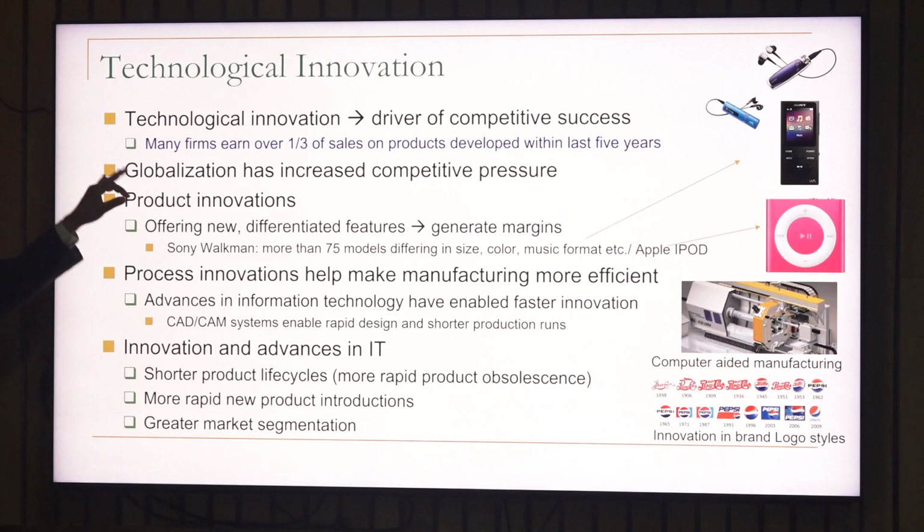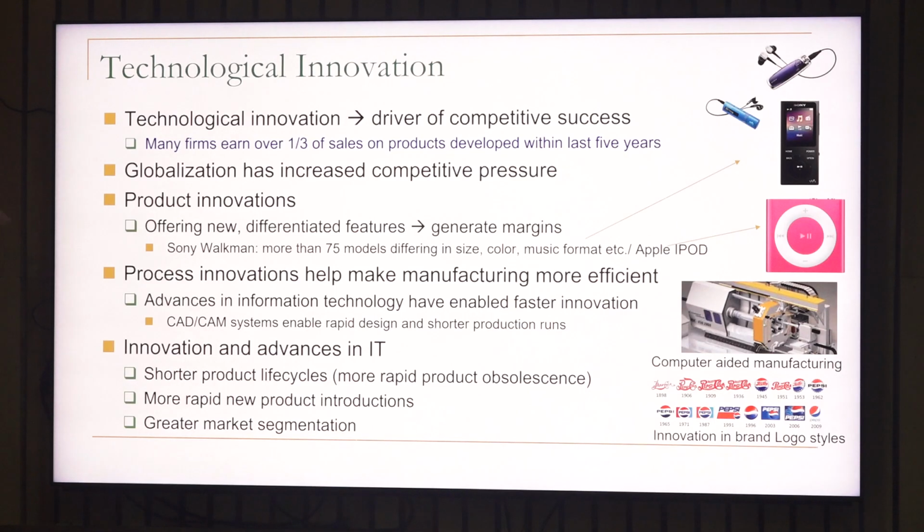Another thing is why we need it. Earlier your competition was only from within the country or within the state. Now our competition is all global. You are competing with Chinese products or Taiwan products or maybe American products. That's why innovation becomes very important. And then we say it may be product related innovation, it can be process related innovation.